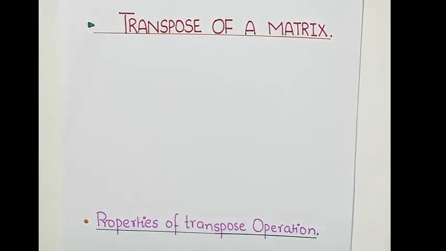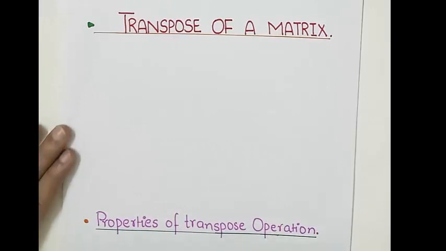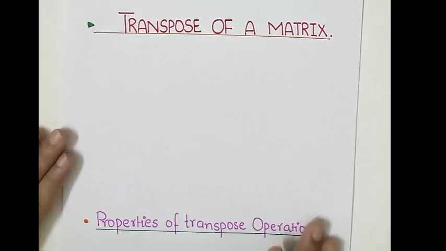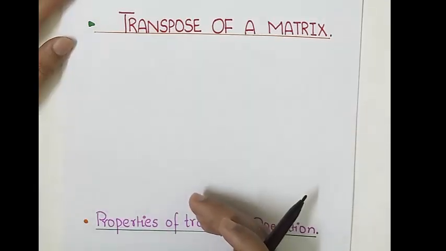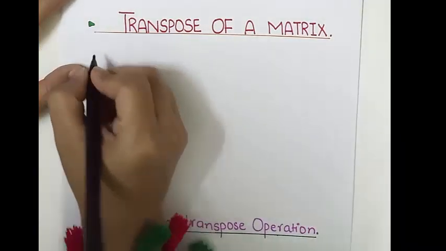Coming to the definition, what is transpose of a matrix? The new matrix which is obtained from a given matrix, suppose we take a matrix A, when we interchange the rows of matrix A by columns, the new matrix thus obtained is called the transpose of that particular matrix A, and it is denoted by A^T.